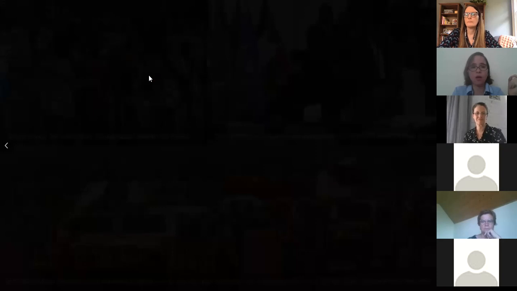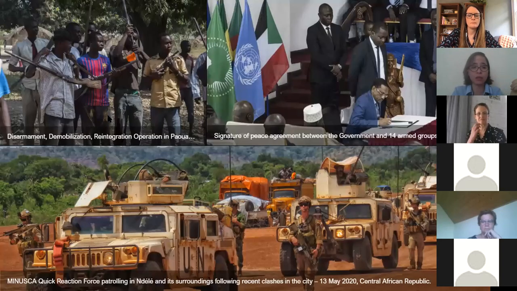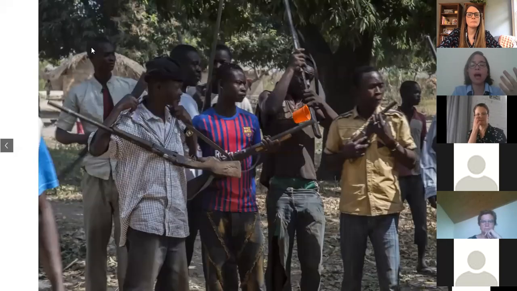One action that is very much needed is what's called DDR: disarming, demobilizing, and reintegration. With armed groups, one of the key points of easing the conflict and moving towards peace is removing the weapons, disarming, and disbanding the groups, which oftentimes give people a sense of belonging.